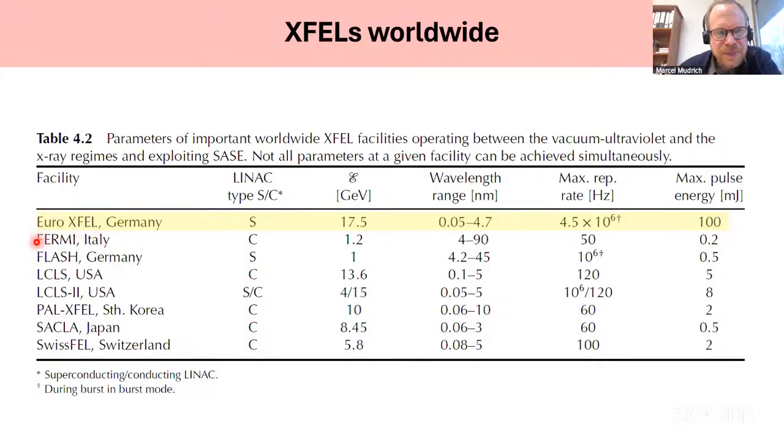In particular, FERMI FEL is so far the only FEL that does not rely on the SASE principle, but this is a so-called seeded FEL. And I hope we will have some time to talk about seeding in January, and also just in a minute from now when we start doing the tutorial, so you will actually already see in practice on the computer at least what seeding means and what advantages that has compared to the SASE process.